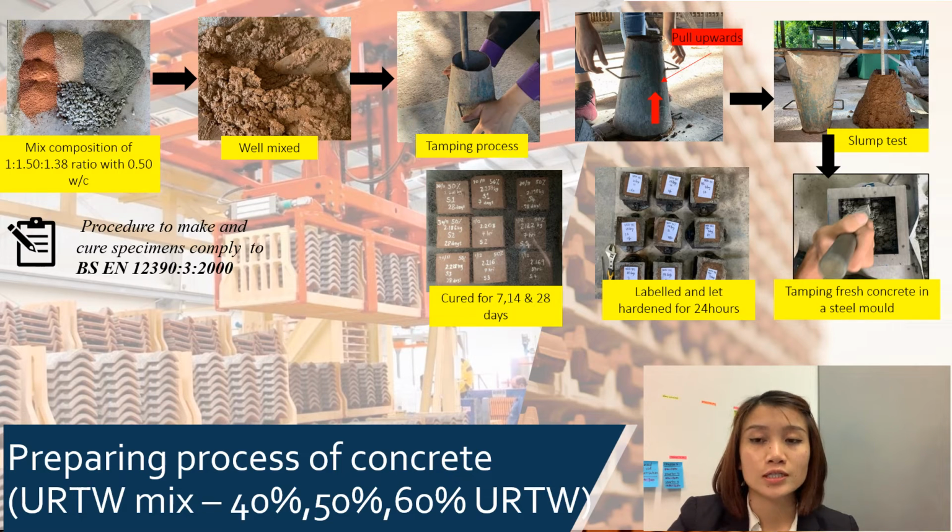The next process is placing the fresh concrete into a steel mold. During casting, tamping the fresh concrete is also an important step to make sure that the concrete is carefully compacted and to remove all the air trapped in the concrete.